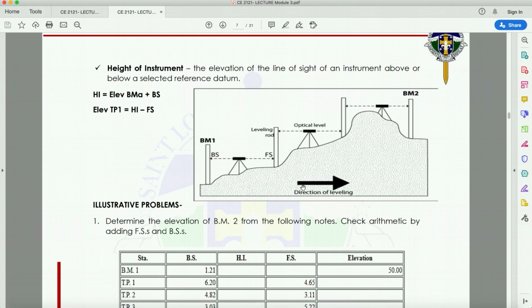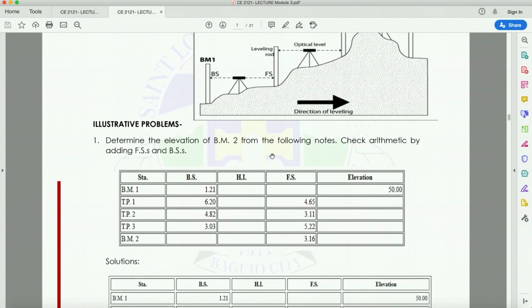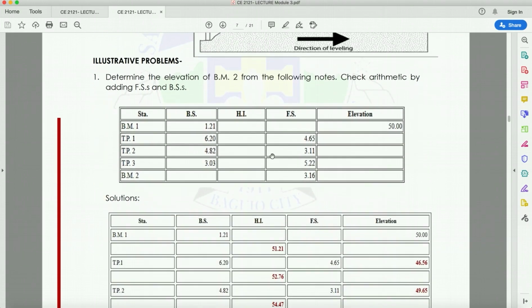Since this is the direction of my stationing or leveling, the sight taken towards the right, or in the direction of leveling, is foresight. The sight which is taken opposite the direction of leveling is what we call the backsight. Okay, so this is my TP1, this is my TP2. Okay, so let us now try our illustrative problem.